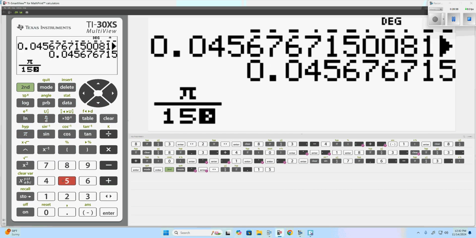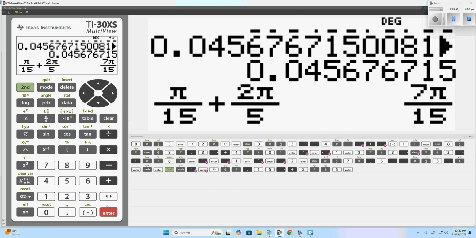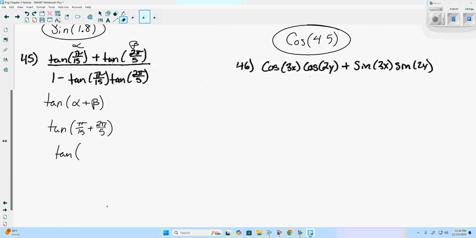Luckily we don't necessarily have to add those together ourselves, because the calculator will do it for us, not the full thing, but just the pi over 15 plus 2 pi over 5. So it will add those two fractions together to give us our single term.